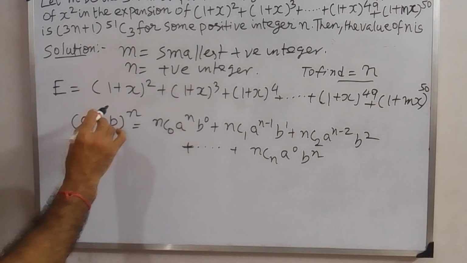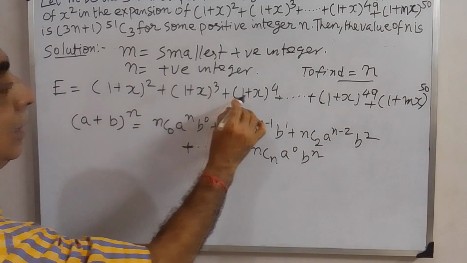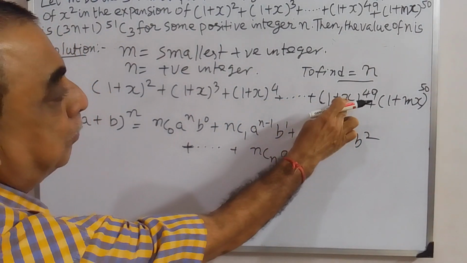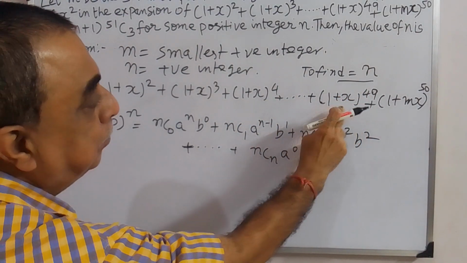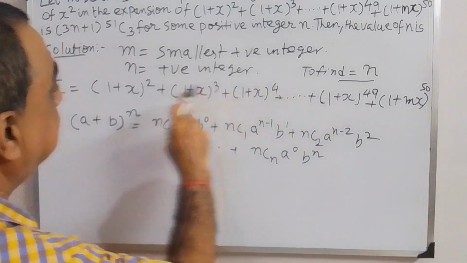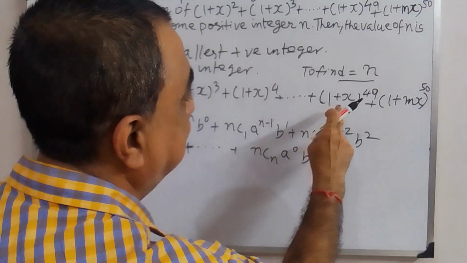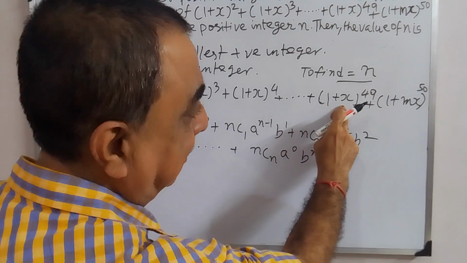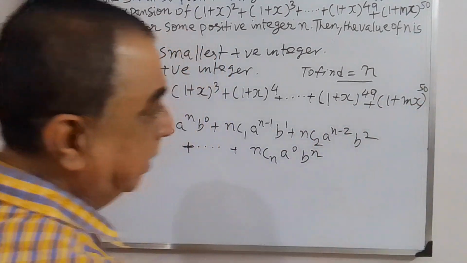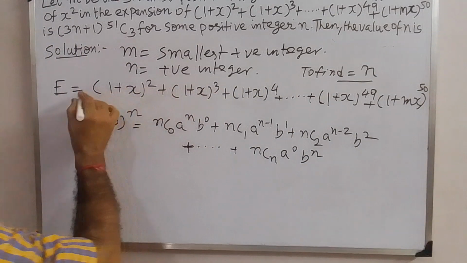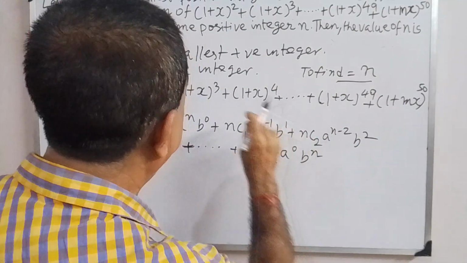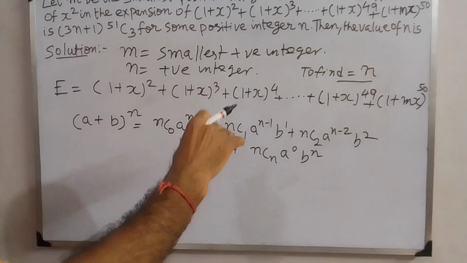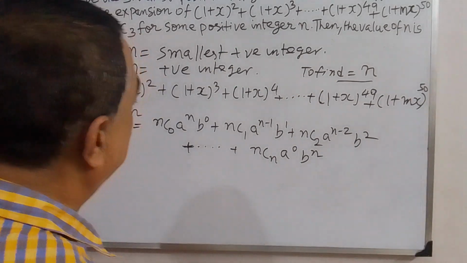Now the second term in all these expressions, from (1+x) up to (1+x)^49, is x, and in the last one the second term is mx. But the first term in all the expressions is 1, and 1 raised to any power will be 1 only.